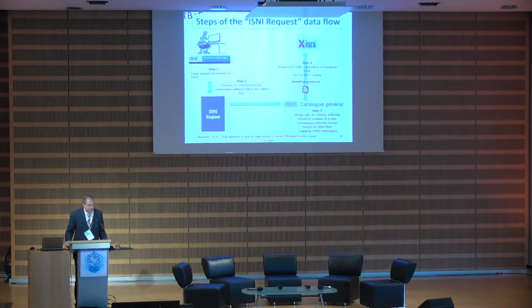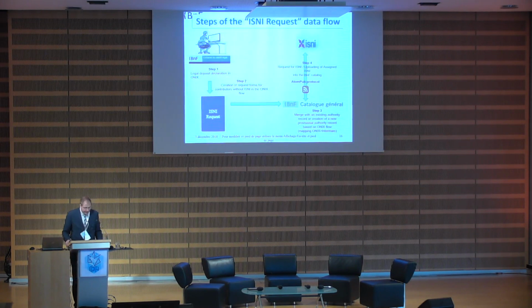The main question is to check that these new records do not create duplicates with authority records we already have in our catalog. So this is the most complicated step, and we are working hard on this point.